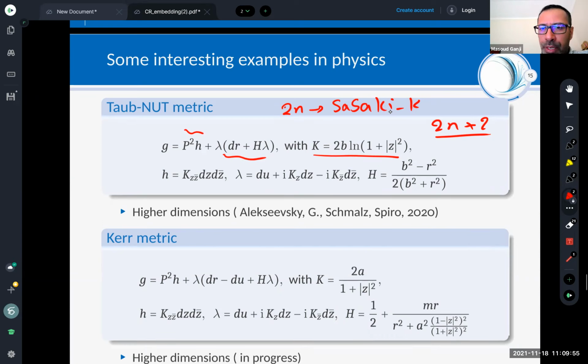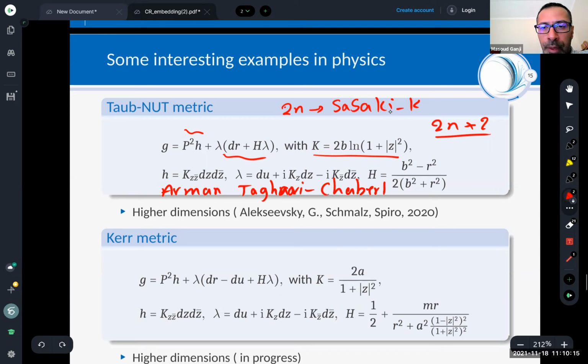And not only us, there are also some other people, like Arman, the first part is Iranian, but the second part is French, Chabet. I think Adam knows him.